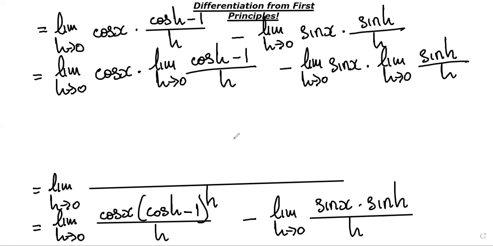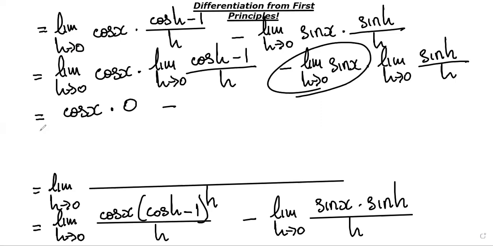So once you realize that cosine x is just a constant, well, the limit of a constant is a constant. And this one is actually a special trigonometric limit. So every time you see a situation like this, you must know that it's an identity, and the value of this identity is a solid 0.